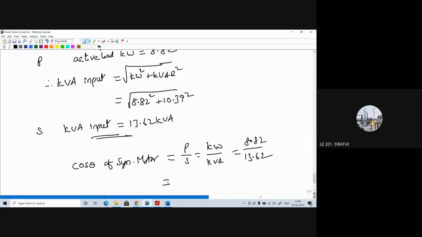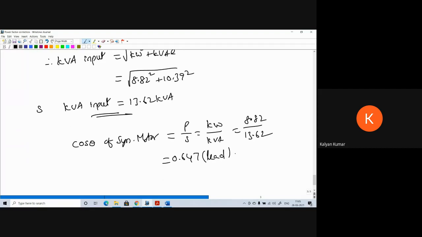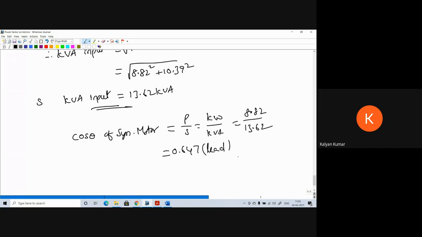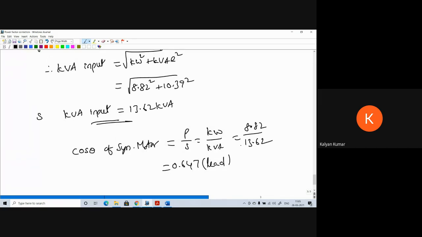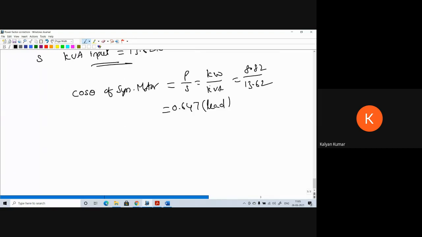That is 0.647. Since the synchronous motor supplies leading kVAR, the power factor is leading. So we have calculated the kVA input and the synchronous motor power factor. So to make the total overall power factor unity, the synchronous motor must operate at 0.647 leading power factor.